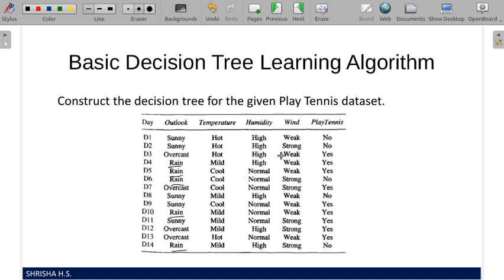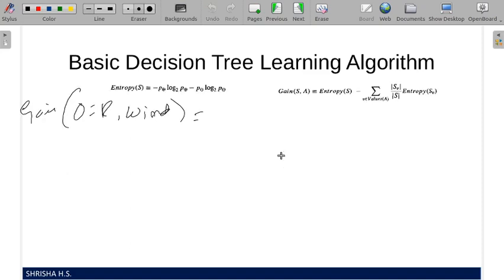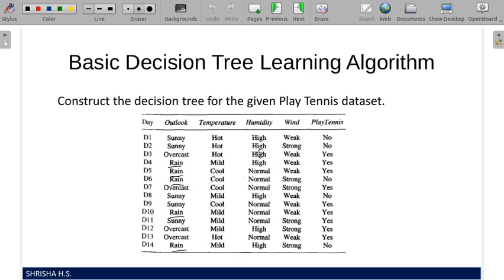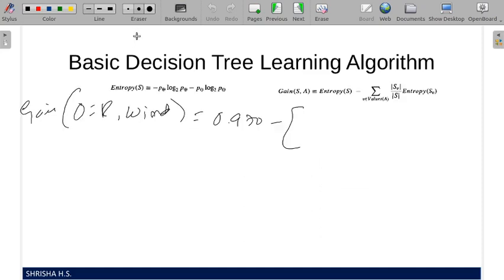So we have the entropy already, 0.970, minus, how many for wind, weak and strong. So two values are there, weak and strong.